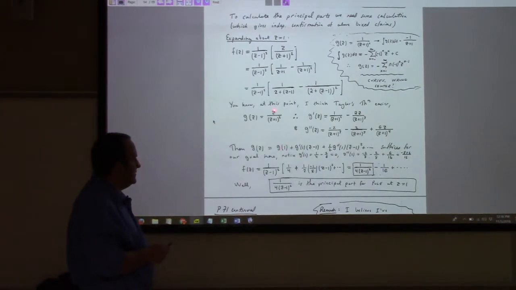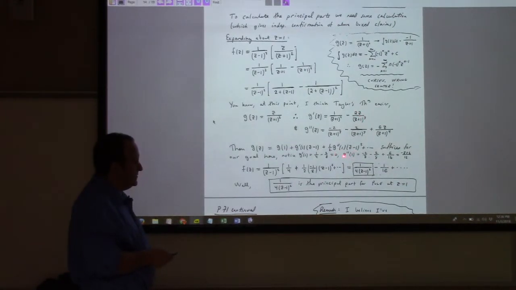g of 1 is, looks like to me, 1 over 2 squared, 1/4, and then g prime of 1, I think I get a quarter minus 2/8, otherwise known as 0.